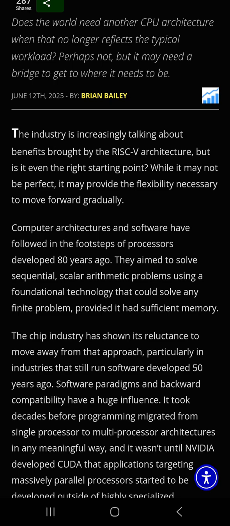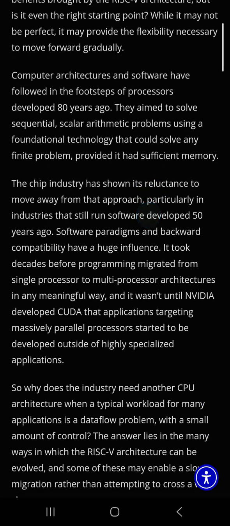Computer architecture and software have followed in the footsteps of the processor developed 80 years ago. They aim to solve sequential scalar arithmetic problems using a fundamental technology that could solve any finite problem, provided it had sufficient memory. The chip industry has shown it is reluctant to move away from that approach, particularly in an industry that runs software developed 50 years ago.